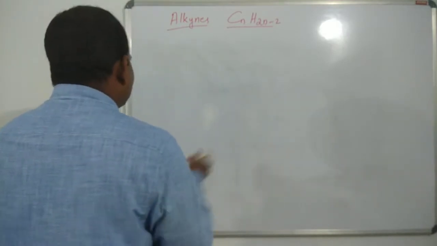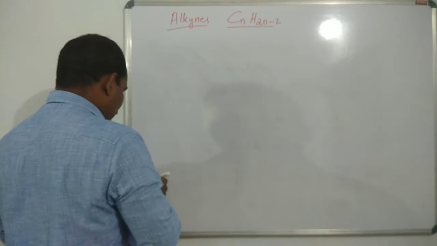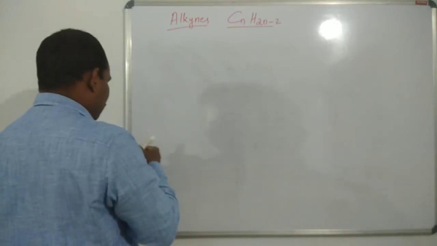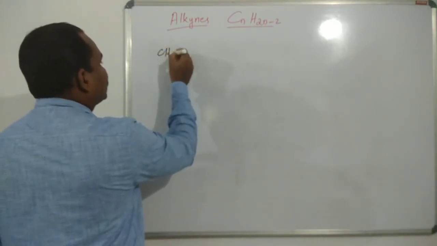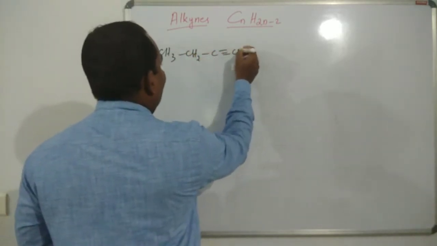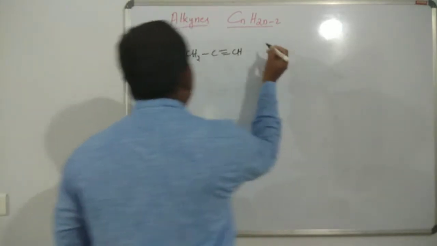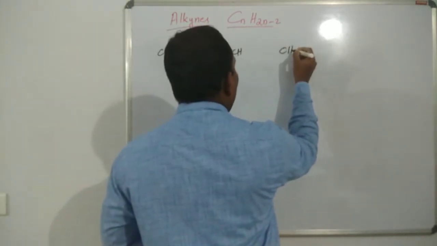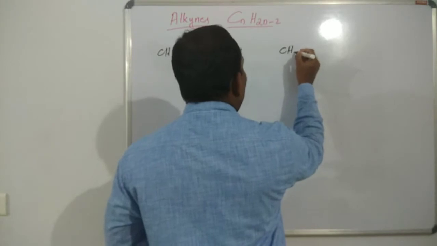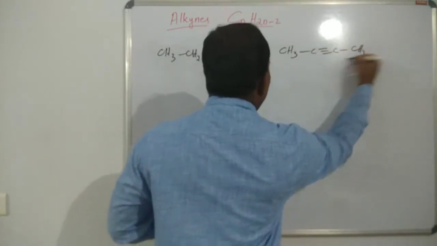First one, CH3, CH2, C triple bond CH. Position isomerism: it is CH3, C triple bond C, CH3.